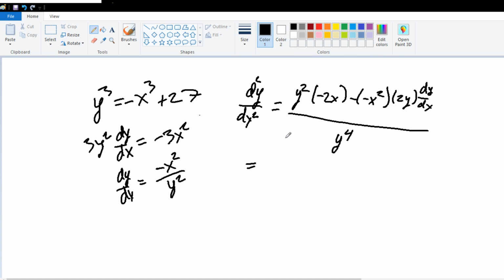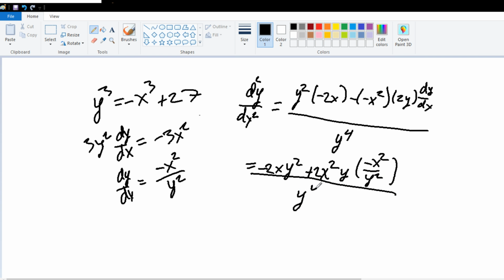And that is usually not accepted as an answer. We have to get rid of the dy dx, so we have to substitute this in. So we have negative 2x y squared plus 2x squared y times negative x squared over y squared all over y to the 4th.